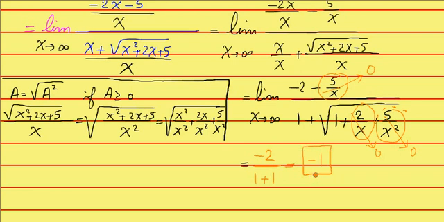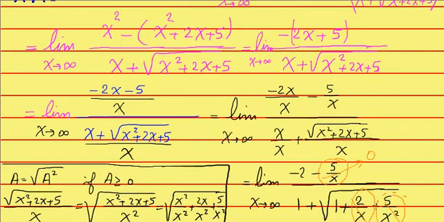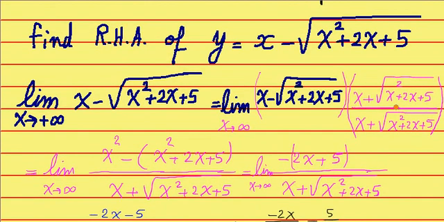Okay, so we went through quite a bit to find out. So we started from here. We want the right horizontal asymptote of this function. First thing was a difference of two items, one of them a radical. We multiplied by the conjugate.